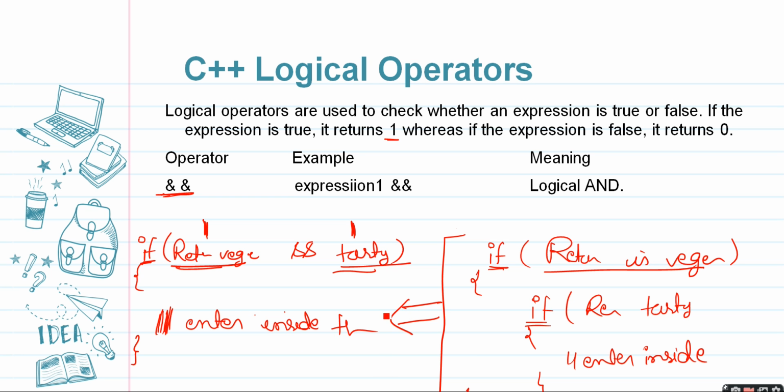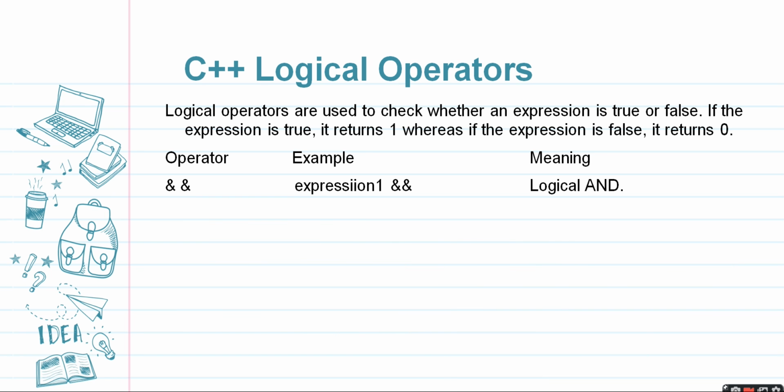I can apply more than two conditions using the same AND operator. Let's say I want to check if the restaurant is near my house, plus it should be vegetarian, and it should have tasty food.